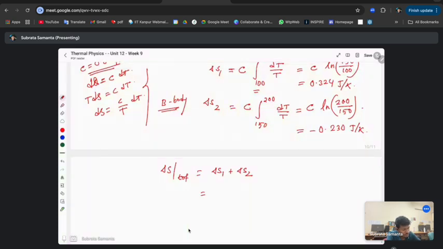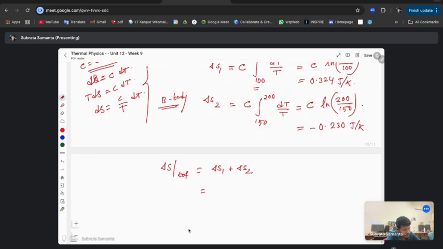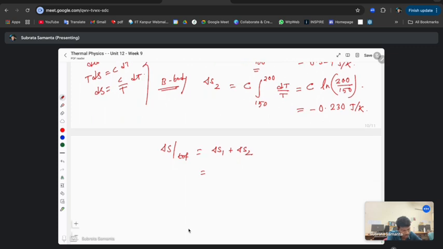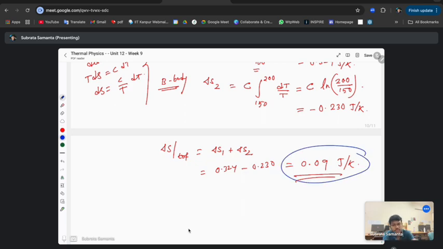So delta S total is 0.324 minus 0.230, which equals 0.09 joule per Kelvin. So let's check the options. 0.09 joule per Kelvin is delta S total.